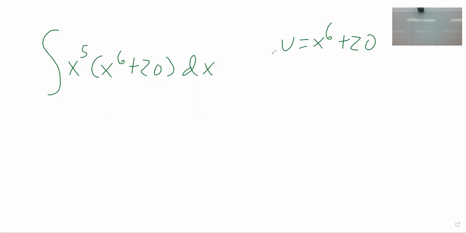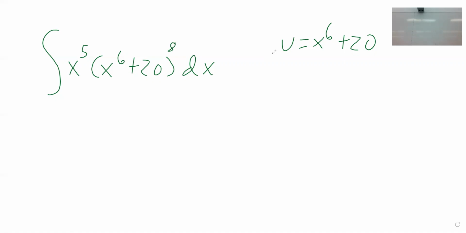Very nice. Okay. So this function that we want to integrate, x to the 5th times x to the 6th plus 20, to the 8th power, looks like the result of doing the chain rule.